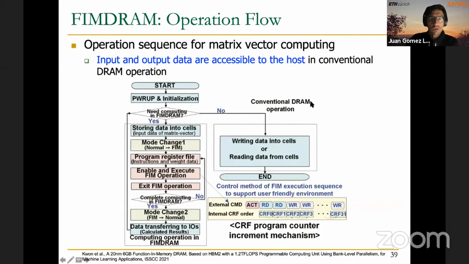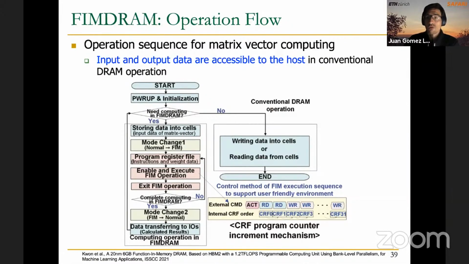Okay, so how does the execution happen in FIM DRAM? What's the operation flow? We are going to very briefly take a look at an operation sequence, for example, a matrix vector computation. Here the input and the output data are accessible to the host in the conventional DRAM operation.